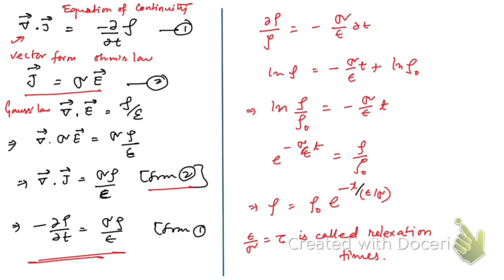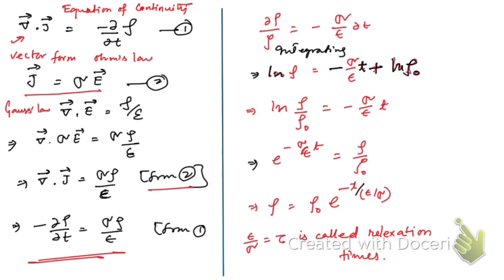Now separating the variables, we have got this step. Now let us integrate this. Integrating, we have got natural log ln rho equals minus sigma by epsilon into t plus natural log rho naught. If you bring this one to this side and use the property of log, you're going to get ln rho by rho naught, which can be written this way, right?